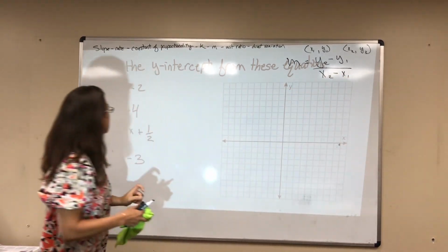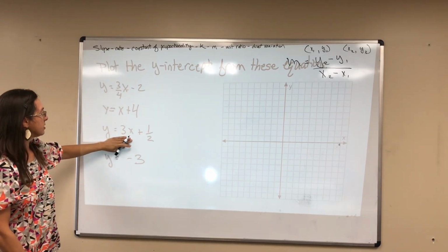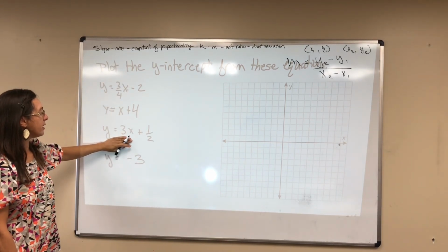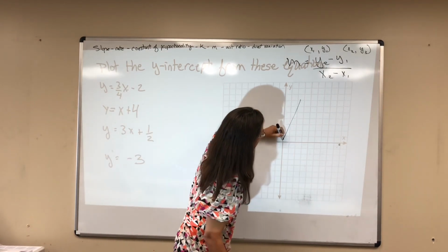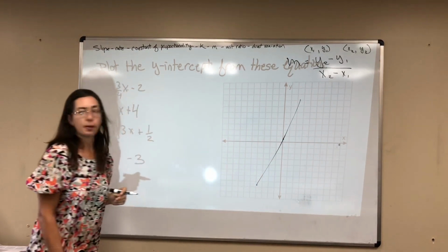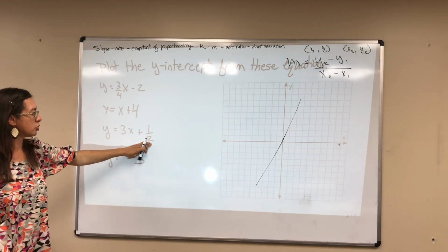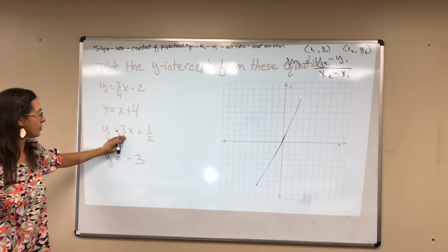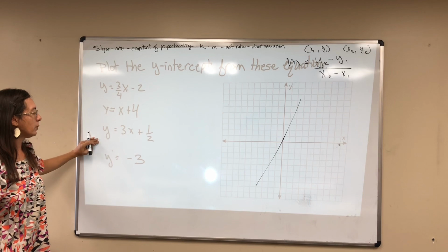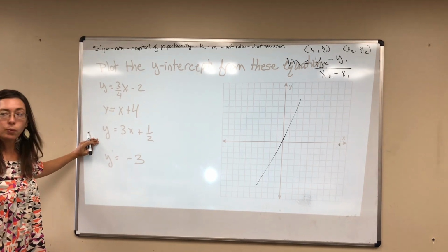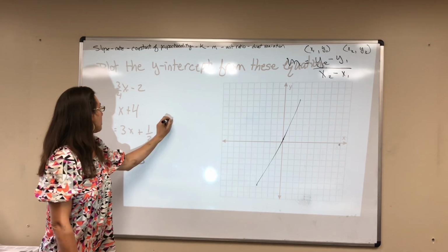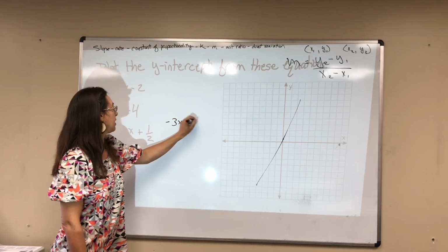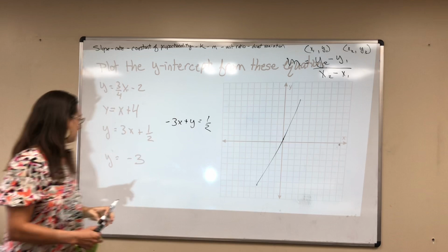Right? So we've got this guy here. y equals 3x plus 1/2. So we were here. We know we have a slope of 3. I'm able to quick graph him. Slope, y-intercept, slope of 3. We're going to rearrange him. Number 1 rule, x and y have to be on the same side. We're going to move x over and get negative 3x plus y equals 1/2.